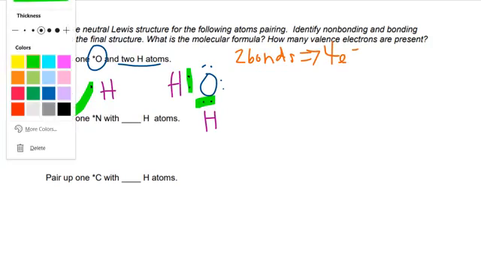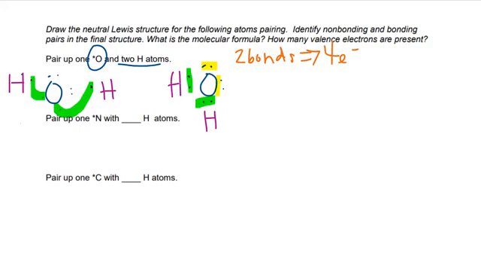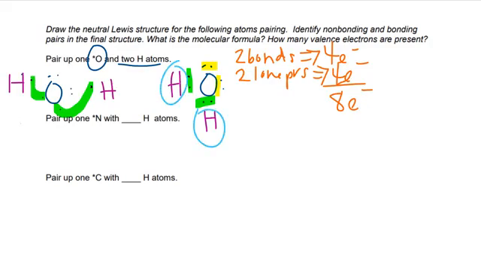And I have two lone pairs, which is equal to 4 electrons. So a total of 8 outermost electrons are involved in the forming of H2O. And again, we can see that we have two H's and one oxygen. So 2 H's and 1 oxygen.